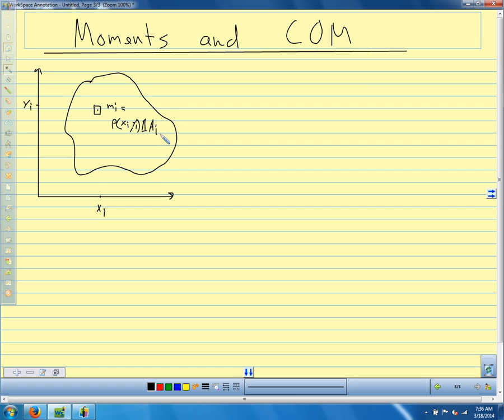So the mass of that little piece is rho times delta A sub i. Remember, we defined our moment about the x-axis, and the moment about the y-axis is the mass times its distance from the axis.